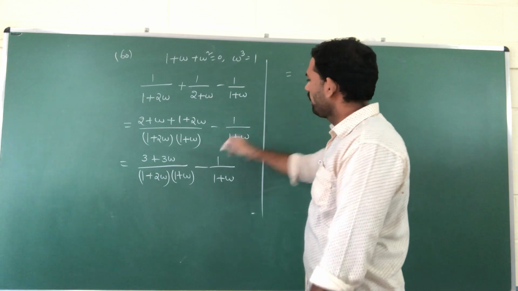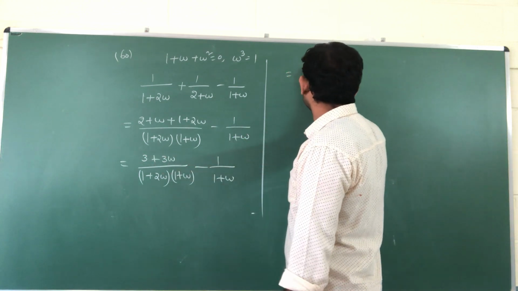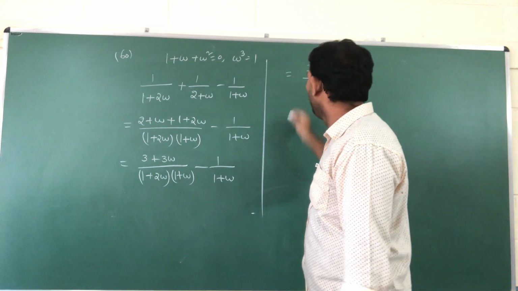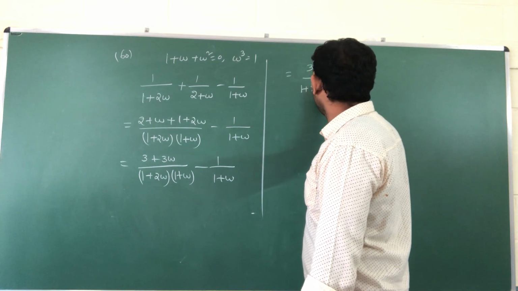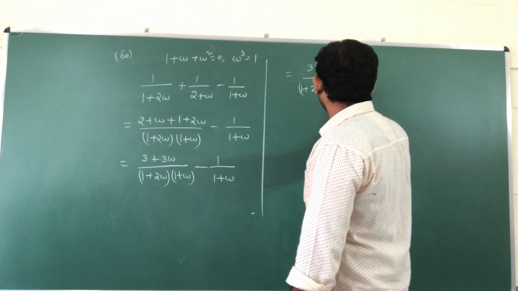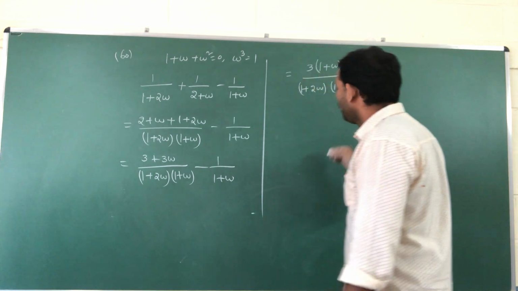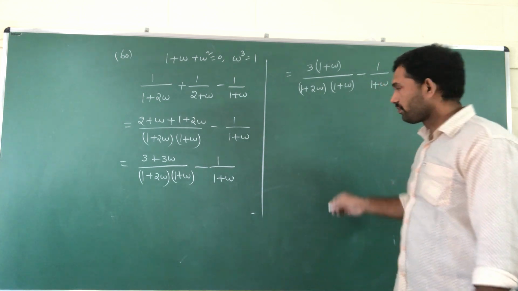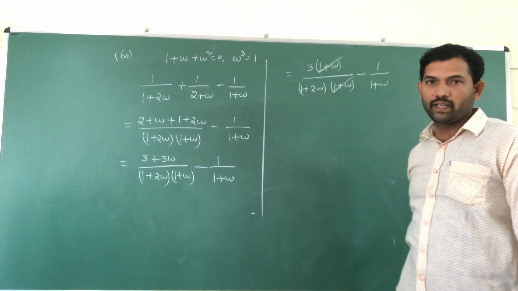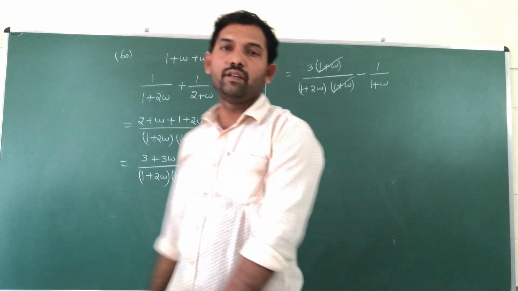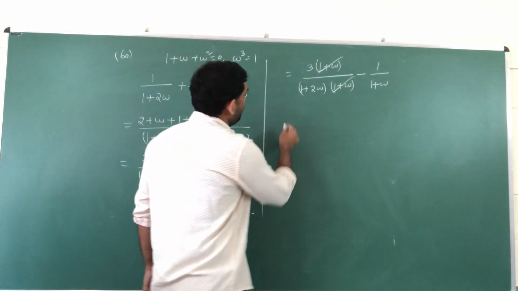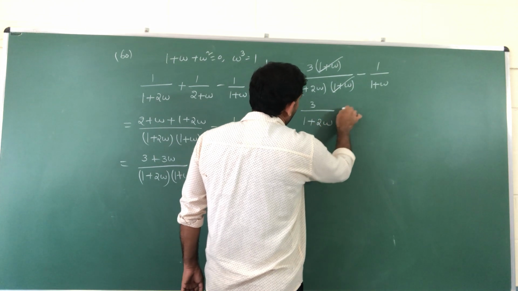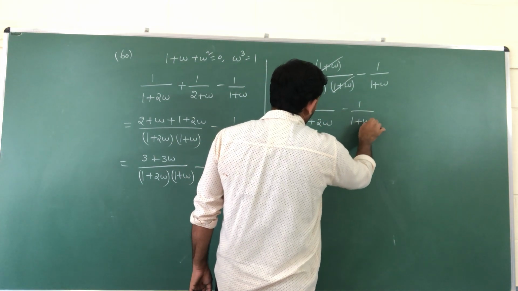In the numerator 3 is common, so 3 of 1 plus omega divided by 1 plus 2 omega into 1 plus omega, minus 1 by 1 plus omega. Here 1 plus omega cancels. So what is remaining? 3 by 1 plus 2 omega, minus 1 by 1 plus omega.